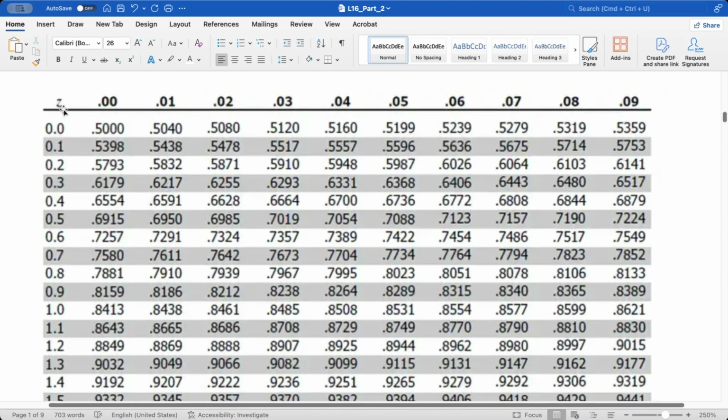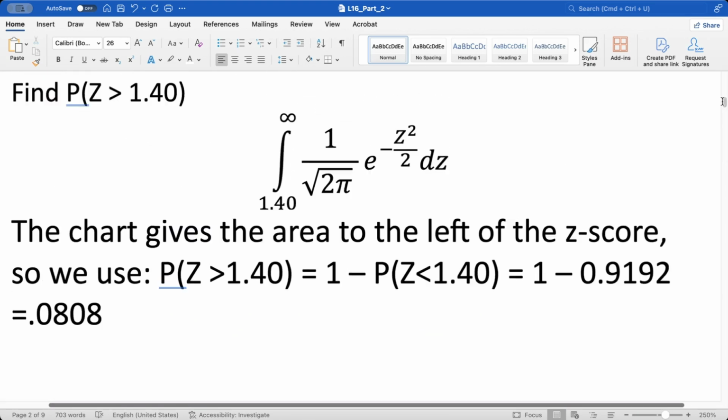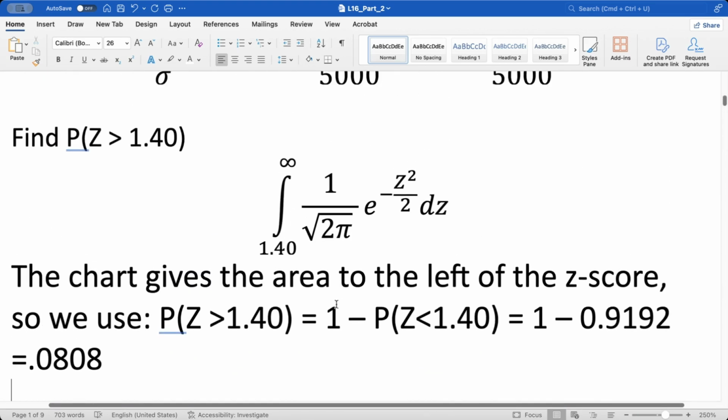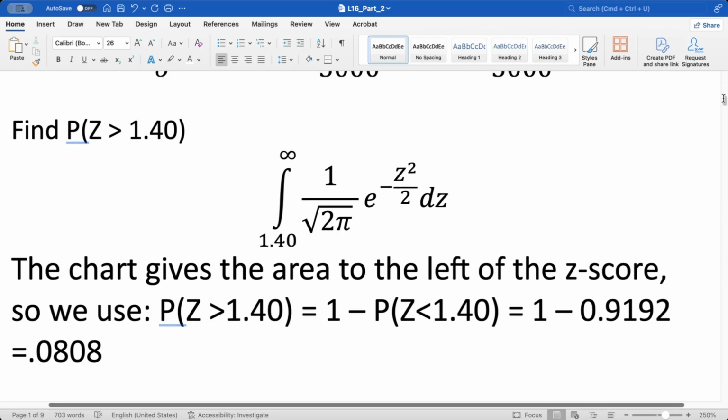We go down the row to 1.4, and then we need the second digit to be 0. So we do the 0.00 first column, and that's 0.9192. So our probability is 1 minus that, because that's the complementary point of view. 1 minus 0.9192, which is 0.0808. About 8%.